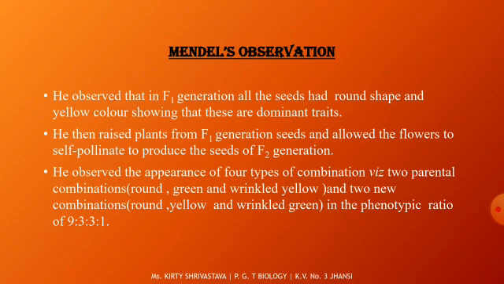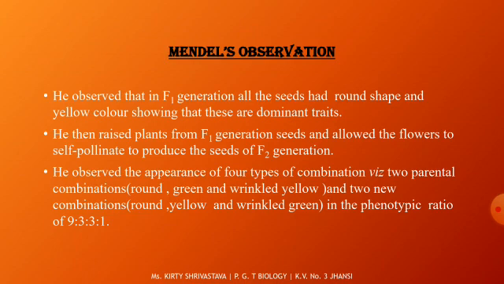Thus, Mendel made the following observations by carrying out the dihybrid cross. He observed that in F1 generation, all the seeds produced had round shape and yellow color, showing that these were dominant traits.